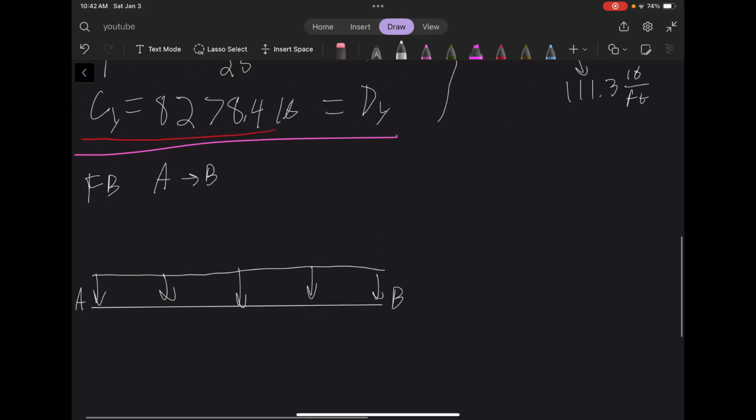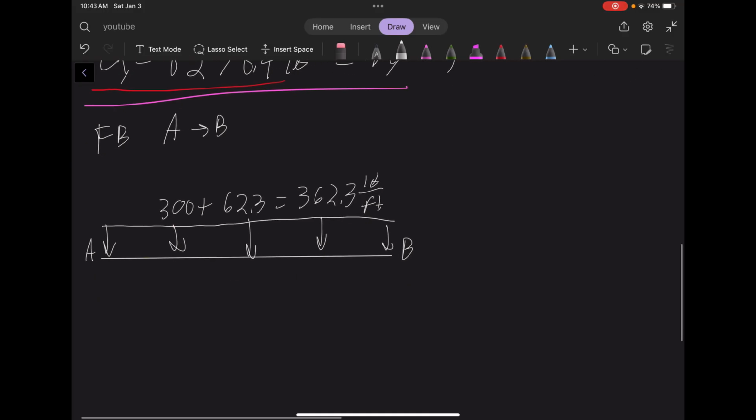So it's only going to be 6 times 25, so 300, plus the self weight of the floor beam here. I keep waving my Apple Pencil like you can see me, but you can't, so I have to remember to draw it. So it's plus the 62.3. So this total is 362.3 pounds per foot.